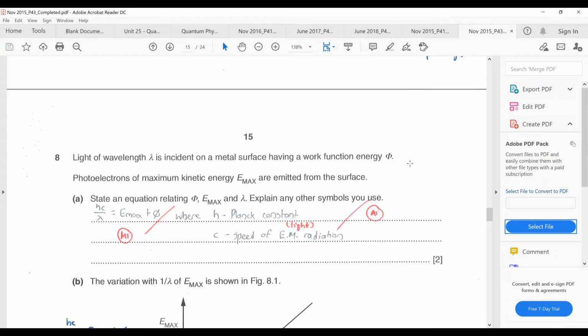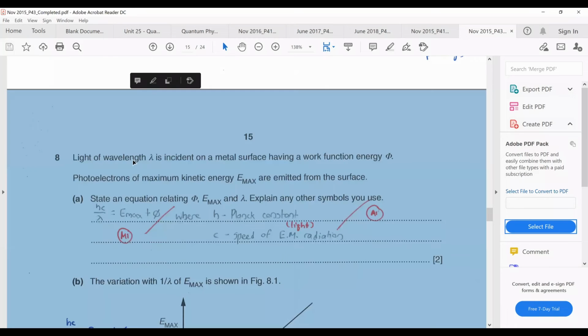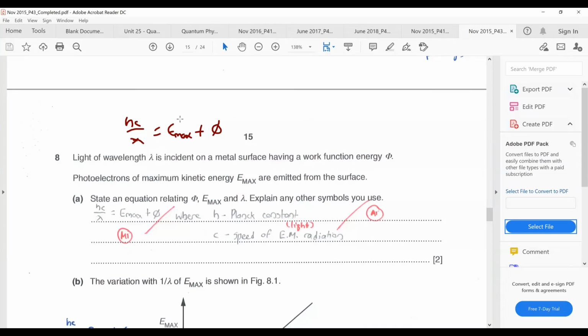So this one here, based on what they have, you should know that they're talking about Einstein's photoelectric equation, where HC over lambda is Emax plus phi. Okay, use back the variables that the question has given you.